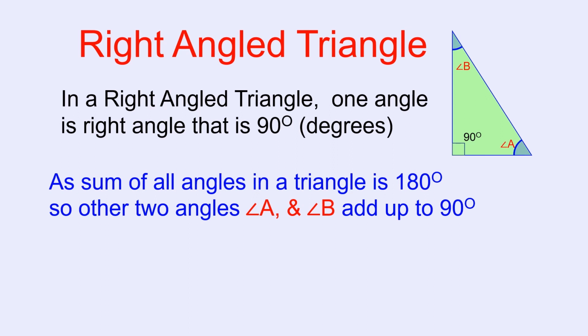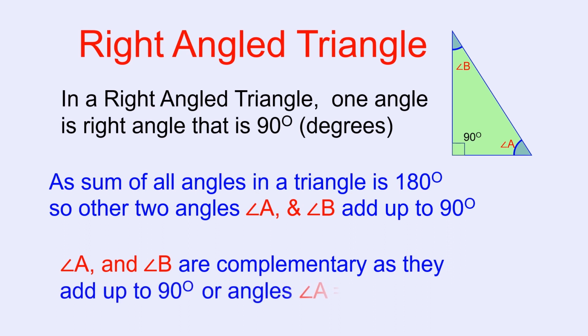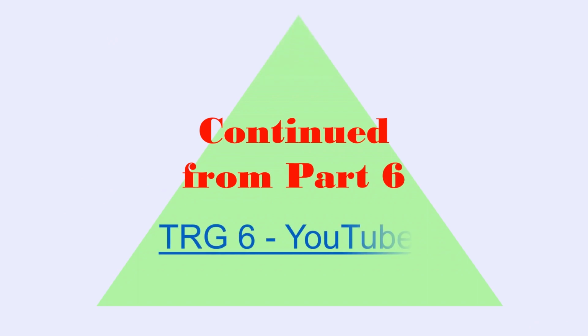Angle A and angle B are complementary angles, or we can say, angle A equals 90 minus angle B. This video is an extension of our earlier video, Trigonometry Part 6. Before we start, let us recollect some basic formulas of trigonometry.